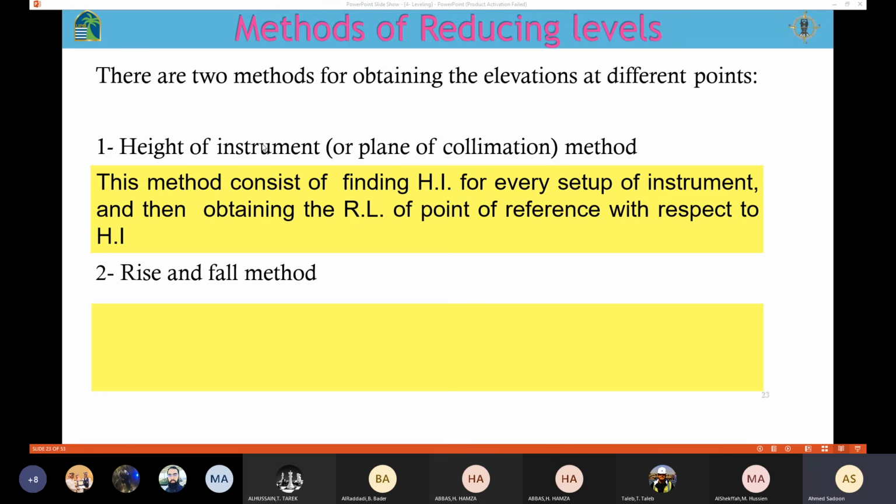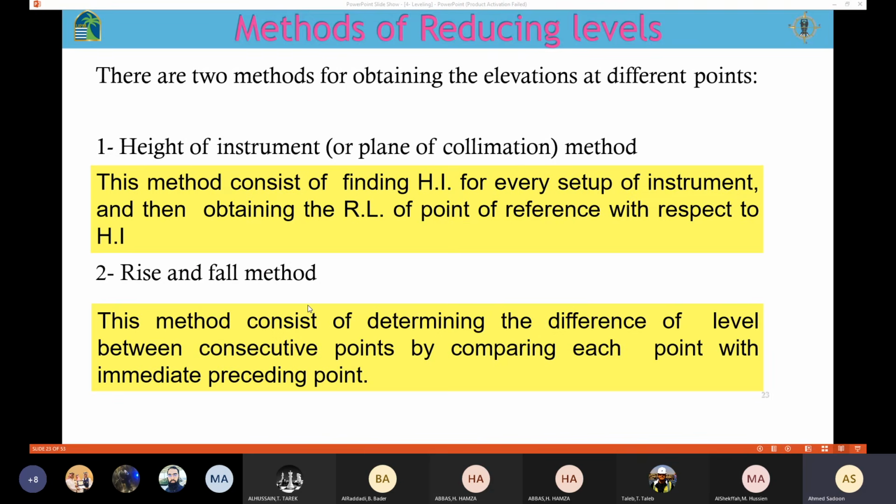In the height of instrument method, this method consists of finding the height of instrument. We are going to talk about what it means by height of instrument for every setup of the instrument, and then obtaining the reduced level of a point. Remember, the reduced level is the level of the point with reference to the MSL.